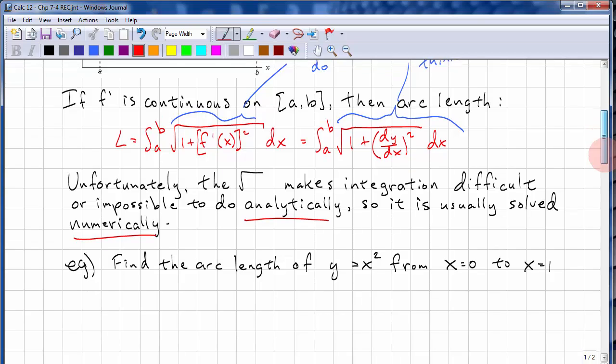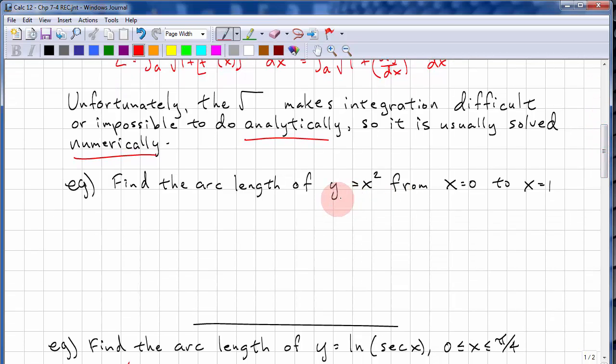Let's look at an example. Find the arc length of y equals x squared from 0 to 1. So this is our a and b. We look at y equals x squared. Differentiate.